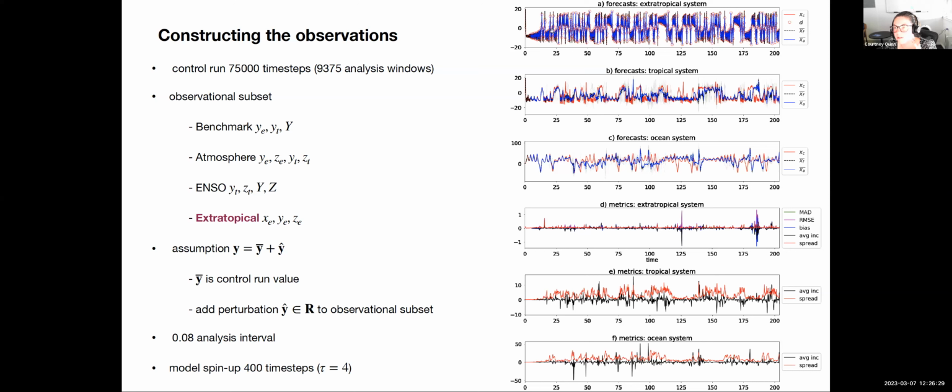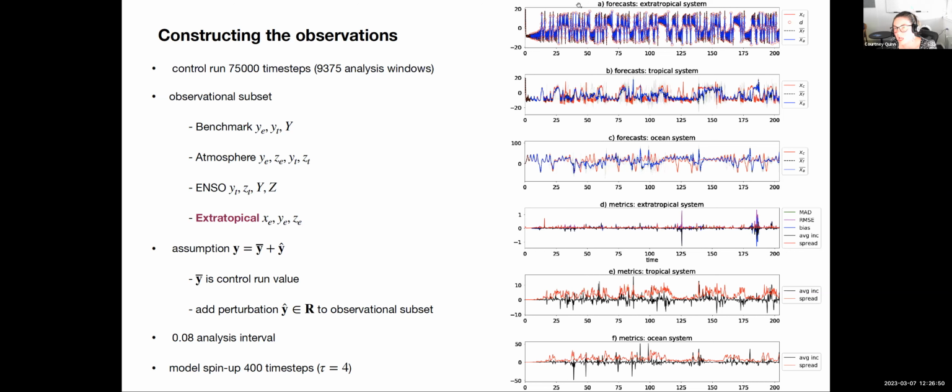And we see that our forecast actually tracks the extratropical system really, really well. But as you might imagine, it struggles a bit more in the tropical system, and it struggles even more in the ocean system. This is particularly because it's not strongly coupled. Remember, we said that this was a weakly coupled system.